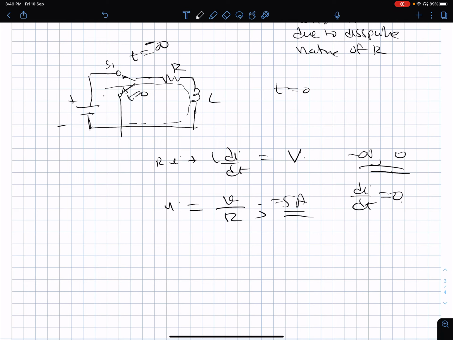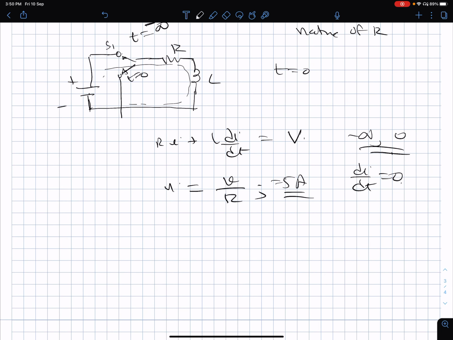And then I throw the switch at t equal to 0 to this position instantaneously, without any time lag or delay. Then post t greater than 0, my differential equation will change to L di by dt plus IR equal to 0.